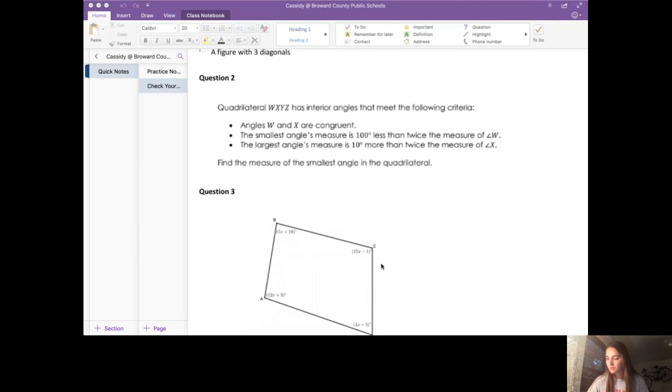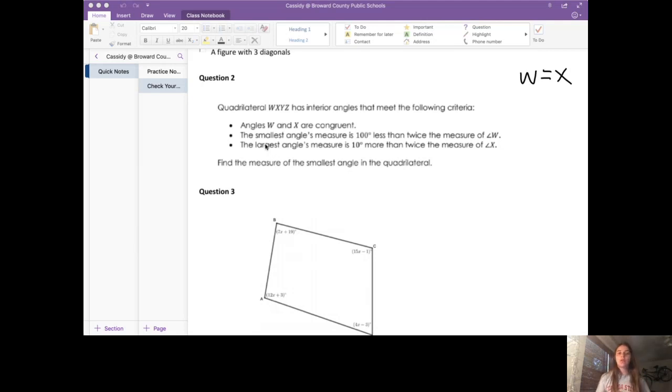Starting with the first part, it says W and X are congruent, so we can write down that W equals X. Next, the smallest angle measure is 100 degrees less than twice the measure of W. We can choose either Y or Z as our smallest angle. I'm going to choose Y. If you chose Z, that's fine, as long as you don't choose the same one as the largest angle.